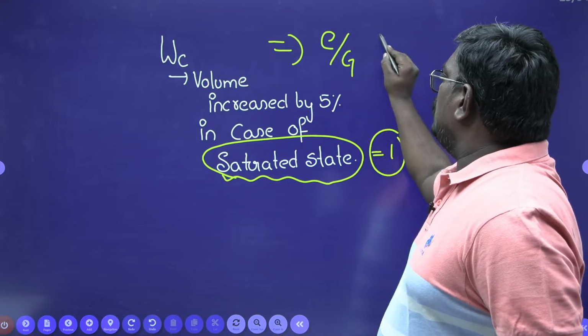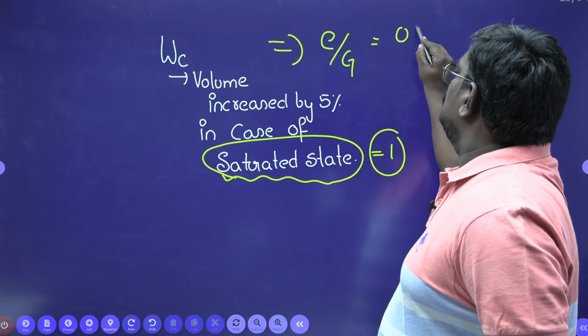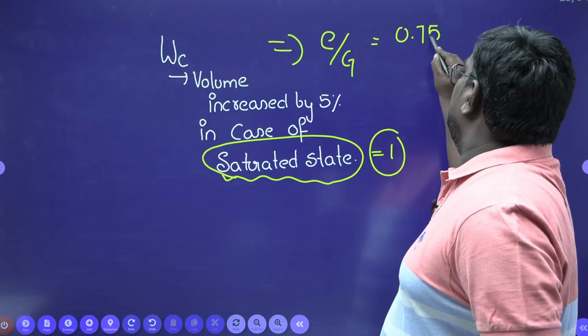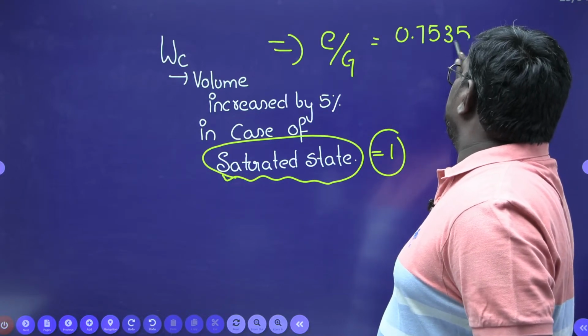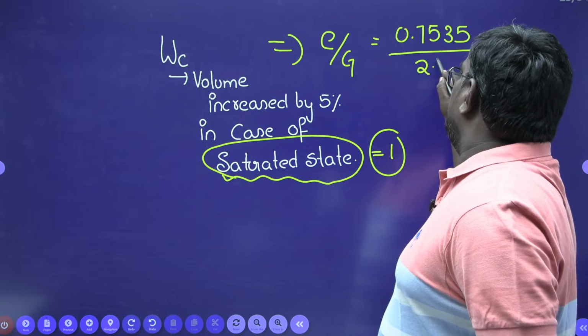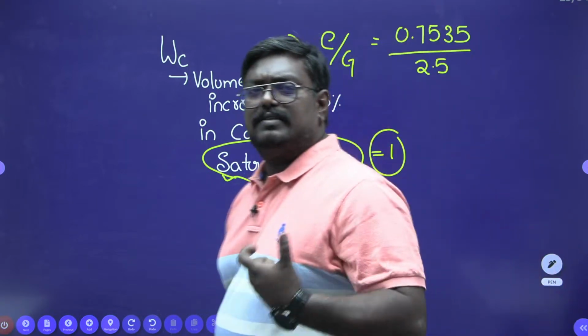What is the value of e you have calculated? It is 0.7535, and G is 2.5. I have explained already how easily we can do this.